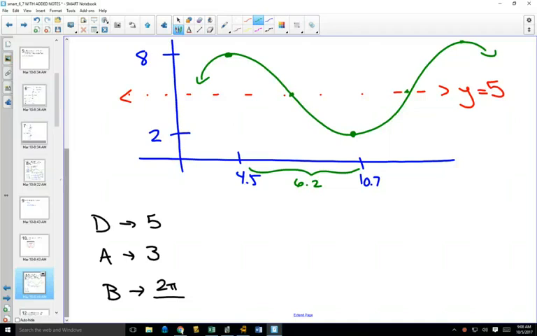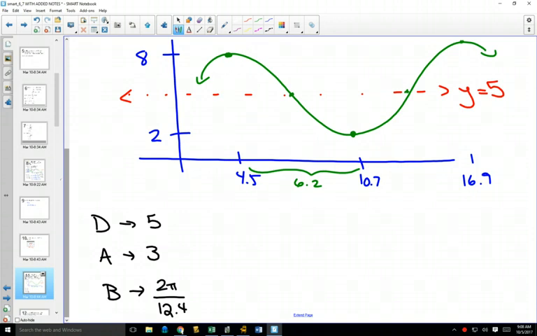And if it's 6.2 from there to there, to get to this next point, you'd have to go another 6.2. And so our total period is 12.4, and our b value is 2 pi over our period. So our b value will be 2 pi over 12.4.